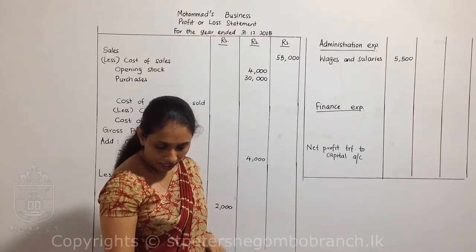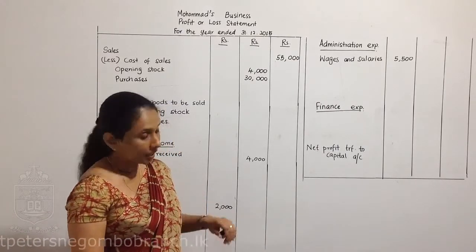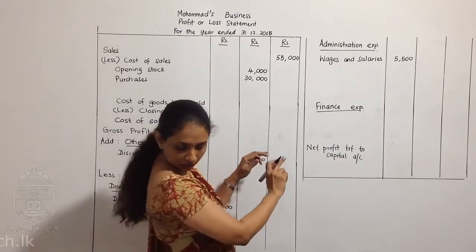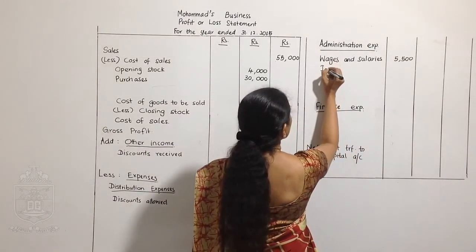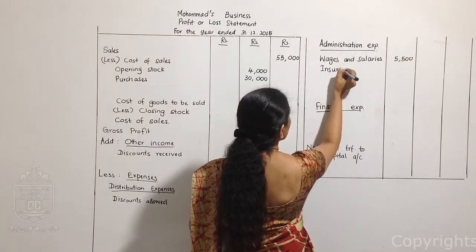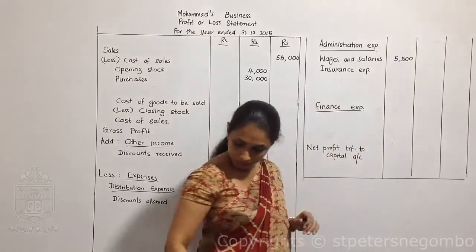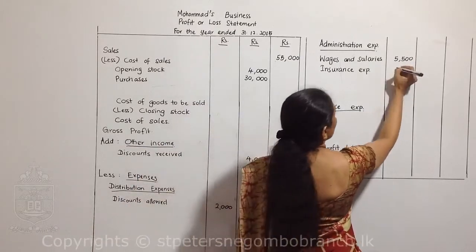Then again we have ticked the insurance expenses, again an administration expense. It's 1,200.